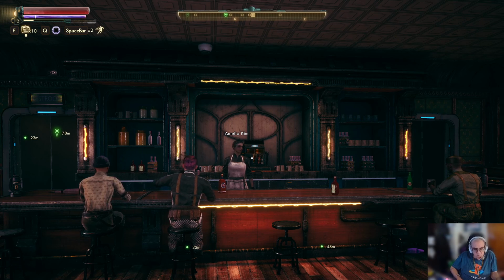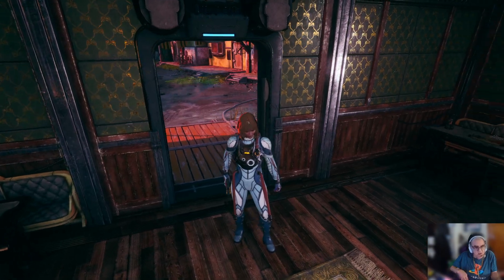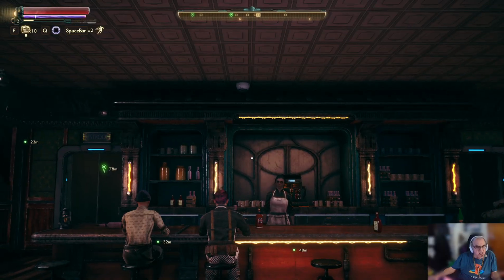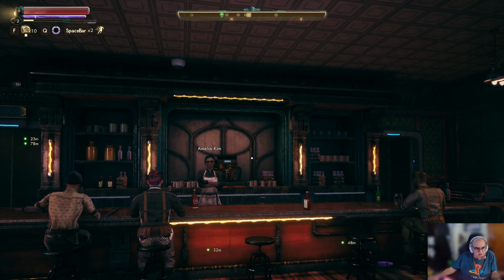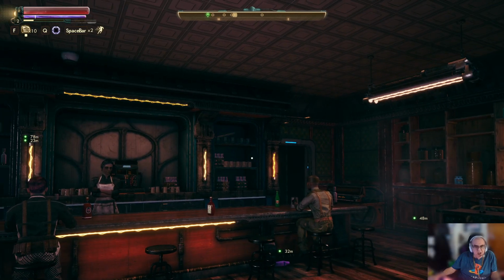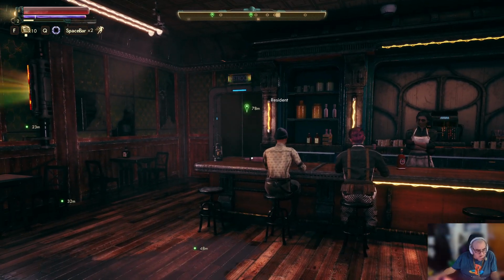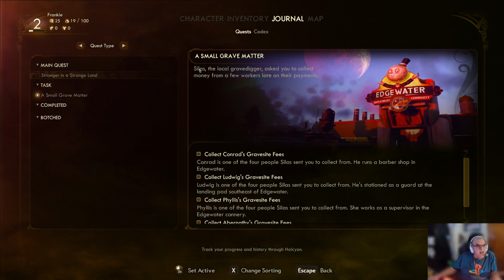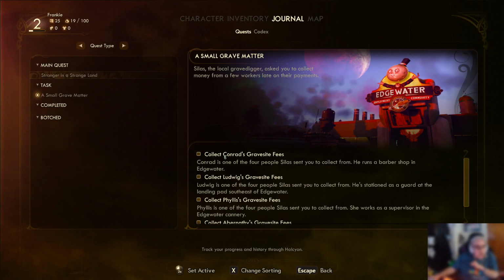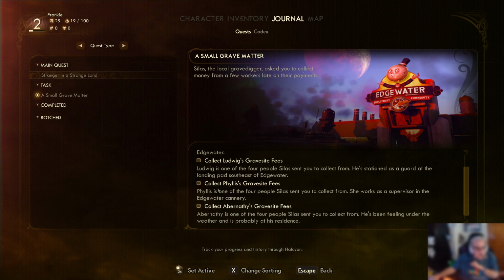Several people are late or missing in their fees, and my character is going to have to go through and collect the fees. Okay, so let's look at the quest here. This is a journal. So, local gravedigger, we're going to have to collect the fees. They've given us a list of people to talk to.